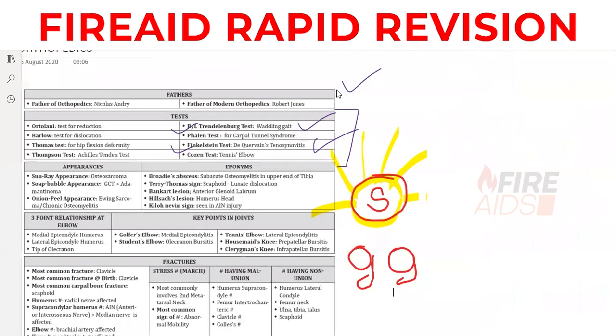Onion peel appearance, that is Ewing sarcoma. If you cut and open an onion, the onion would look somewhat like this. So this will be the root. Cut and open, if you can see, it looks like an E on the above.